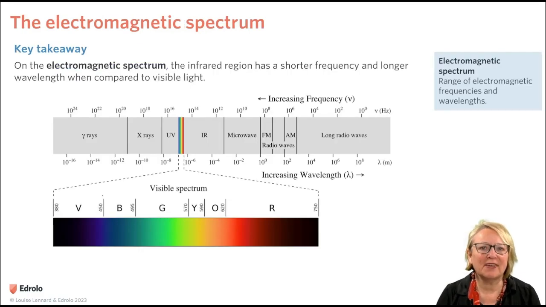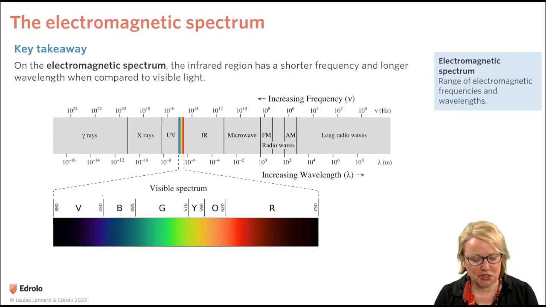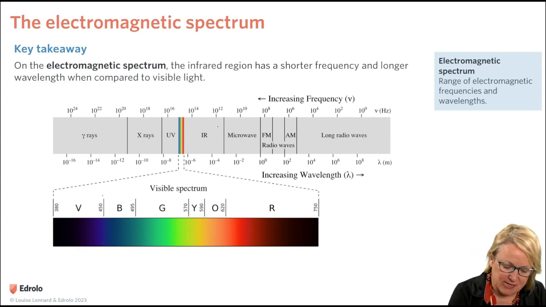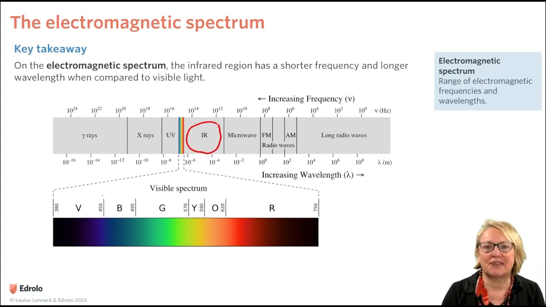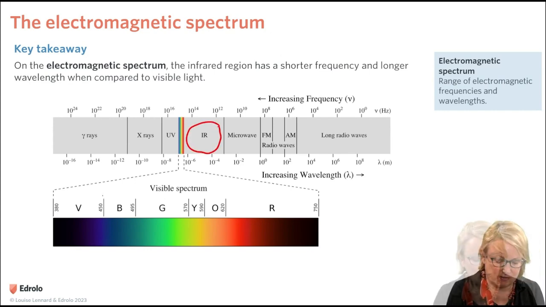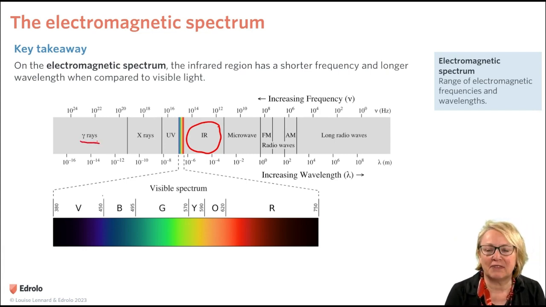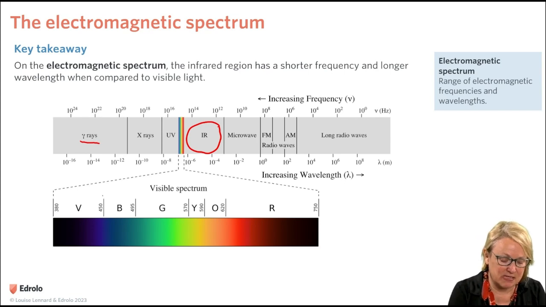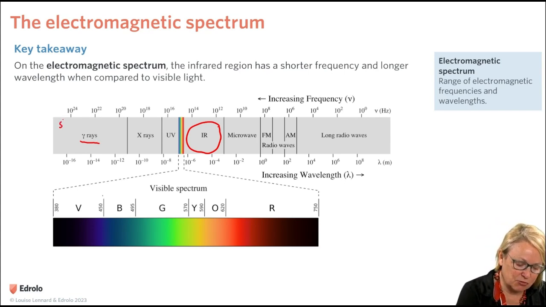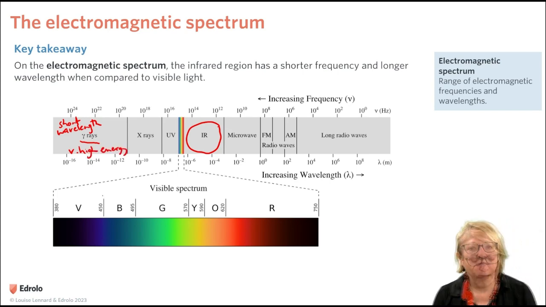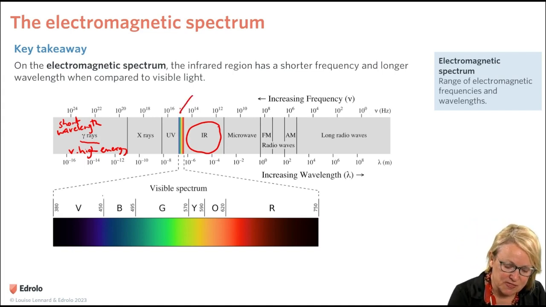So what is infrared radiation, or infrared light? It is this section of the electromagnetic spectrum. It goes all the way from really short wavelength but high energy gamma rays, through to X-rays, then UV light, which is the light from the sun that can burn our skin, to visible light that we can actually see.